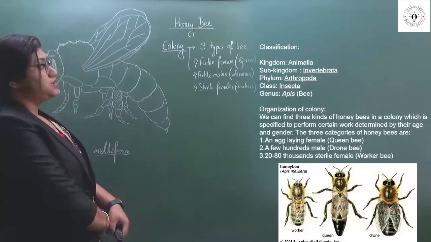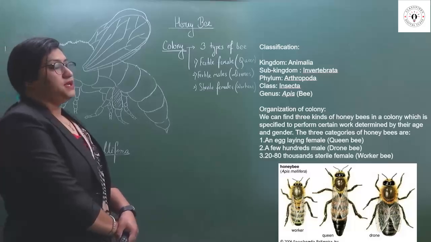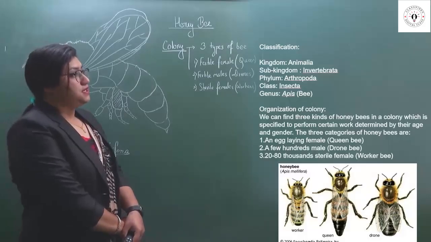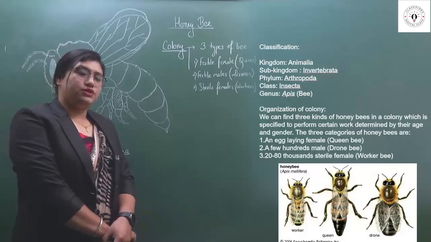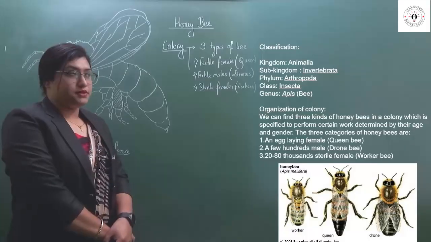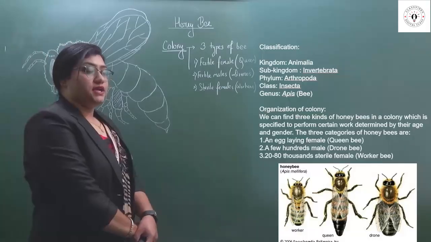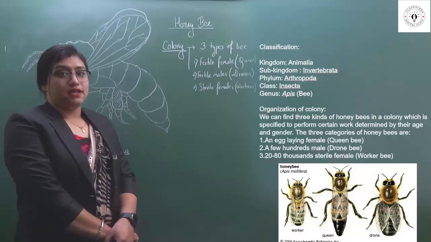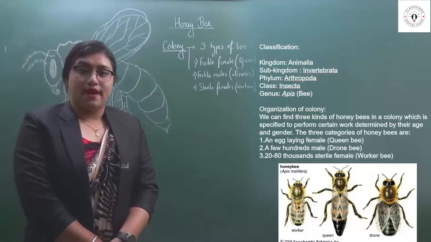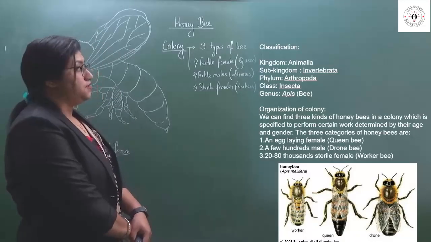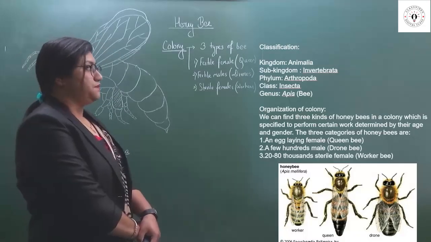Classification. The systematic position of the honeybee is as shown on the screen. Kingdom Animalia, we all know that the honeybee is an animal. Subkingdom Invertebrata, meaning the animals which do not have a backbone are kept in the Invertebrata subkingdom.